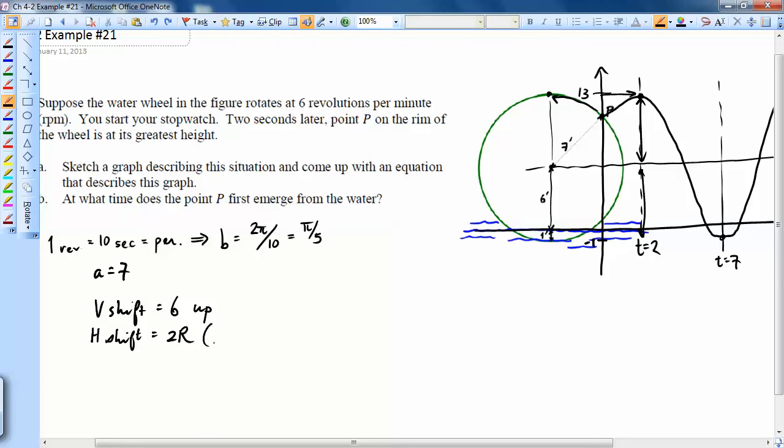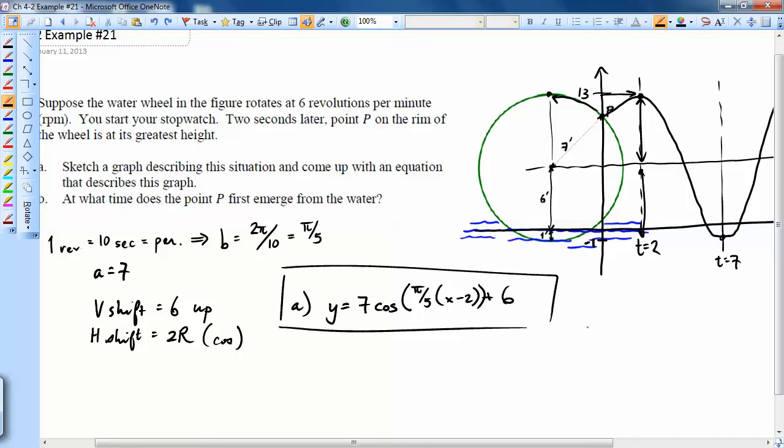So if we came up with an equation for this, the equation would be y equals 7 cosine of (pi over 5)(x minus 2) plus 6. That's probably the simplest way to come up with the equation that I can think of.